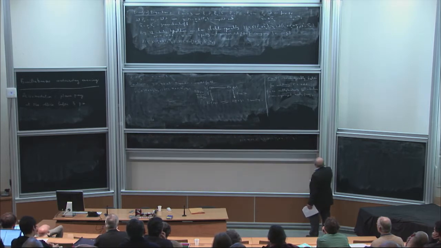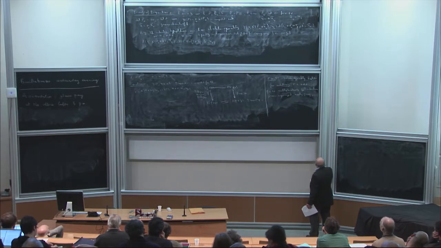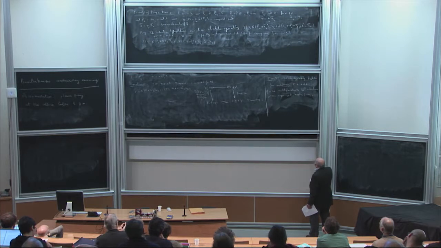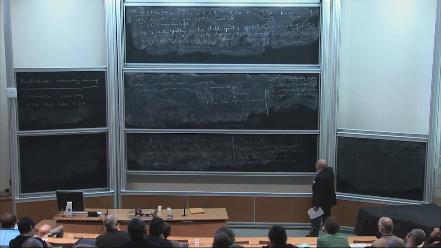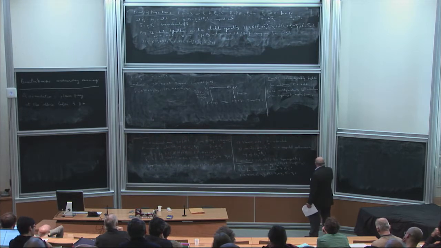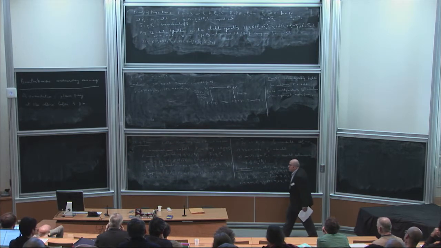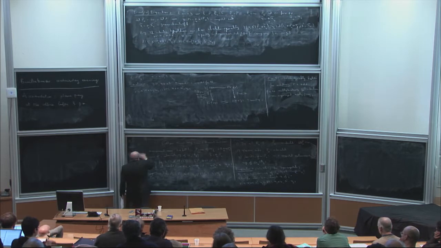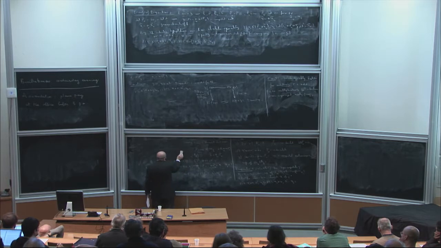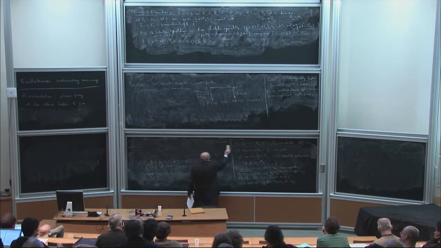So let me now tell you what we know about that. Our original idea was that I will explain, first of all, how these gamma factors on the other side, on the automorphic side, are defined.